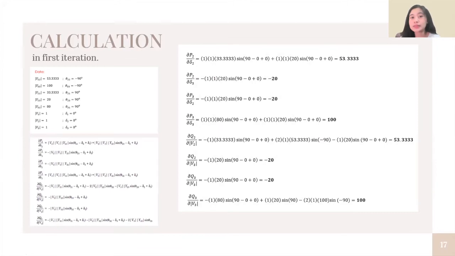So that's 1 times 1, 33.33 sine 90 minus 0 plus 0 plus 1 times 20 sine 90 equals 53.333. As for our second is that negative 1 times 1 times 20 sine 90 is equals to negative 20.